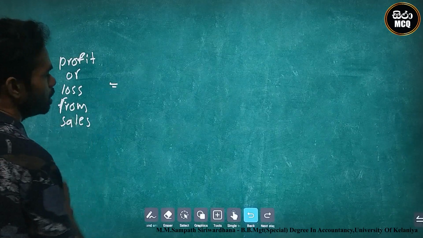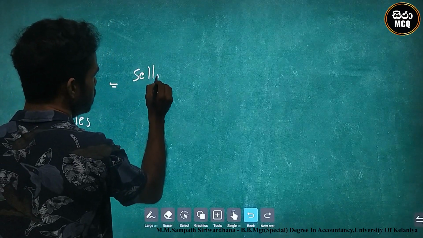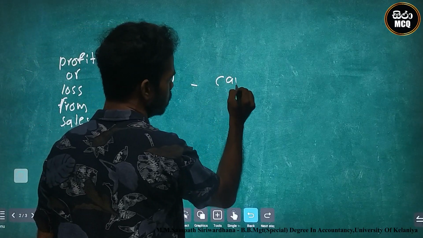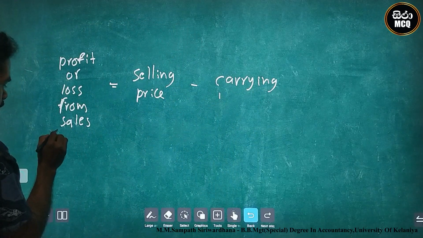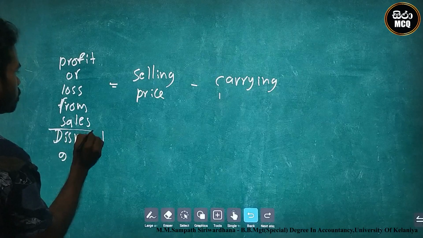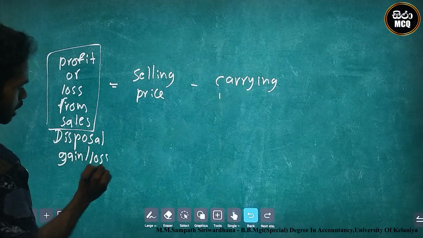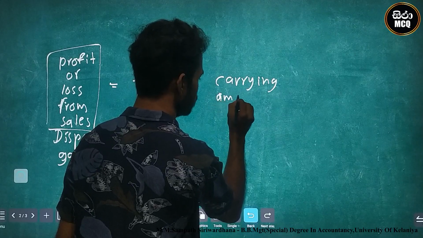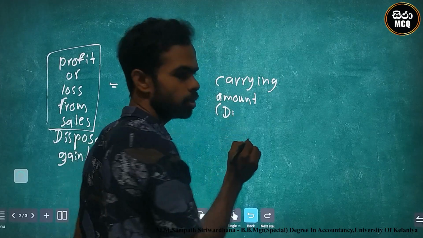How can we calculate? This is property, plant and equipment, therefore we calculate selling price minus carrying amount. This is the disposal gain or loss. This carrying amount was calculated at the disposal date.